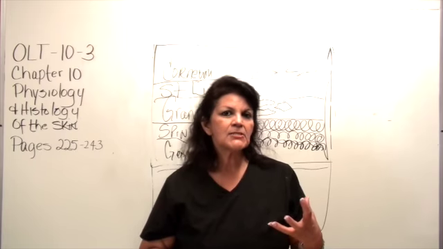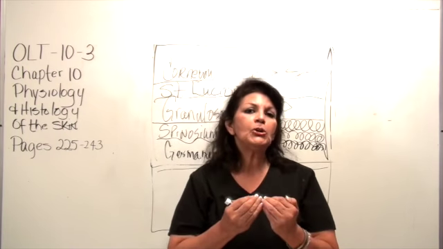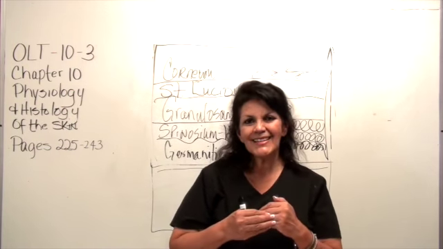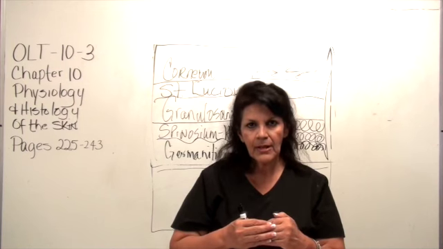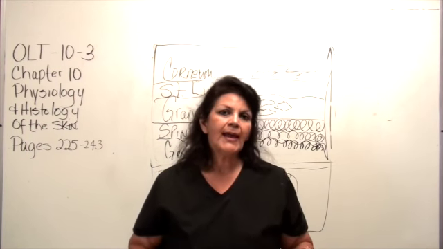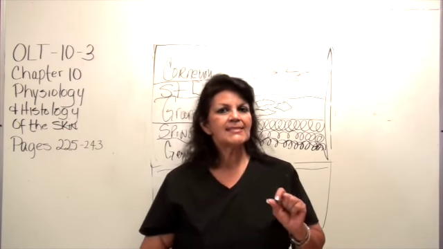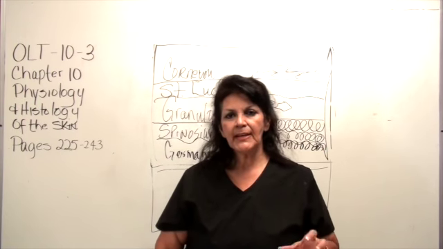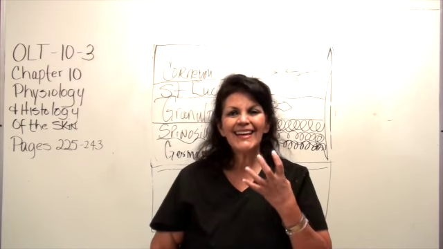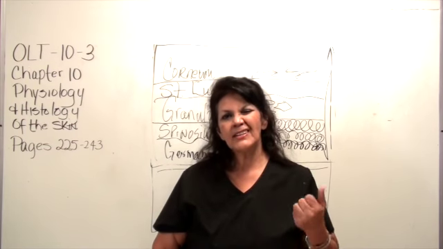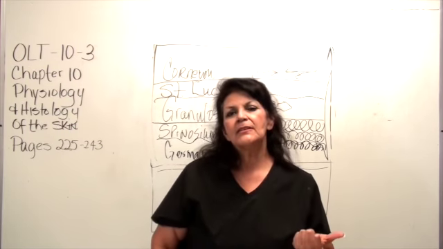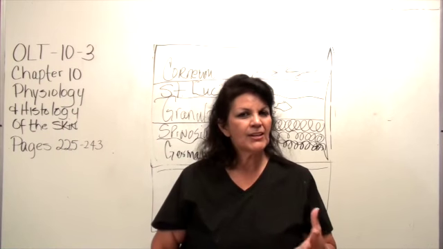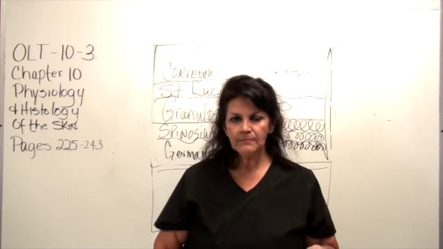The desmosomes is the glue that holds the dead skin cells together, okay? As we age, if those desmosomes aren't broken down naturally, then the skin is holding on to dead skin cells and it looks gray, it looks a little unhealthy, it doesn't have any life to it.